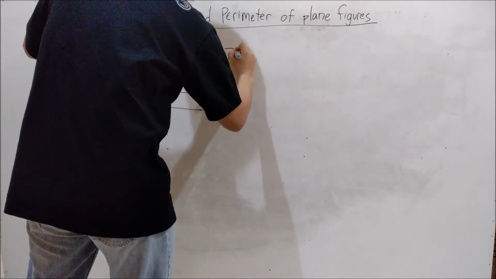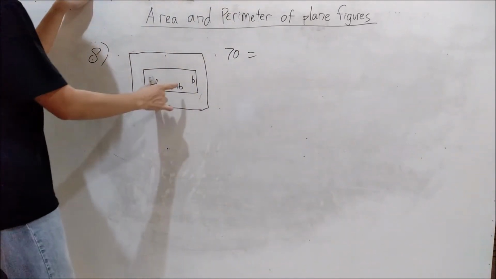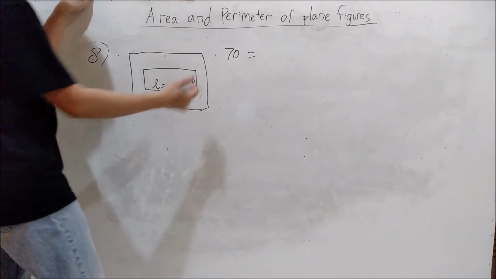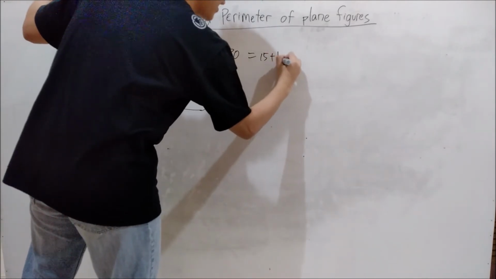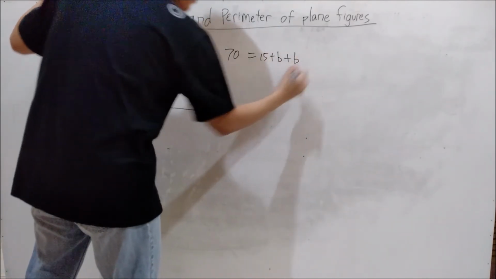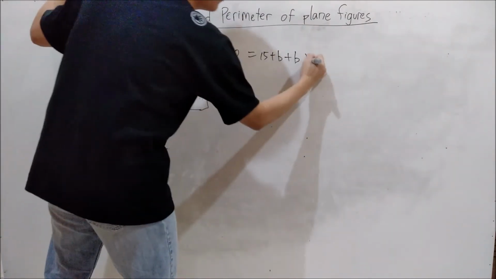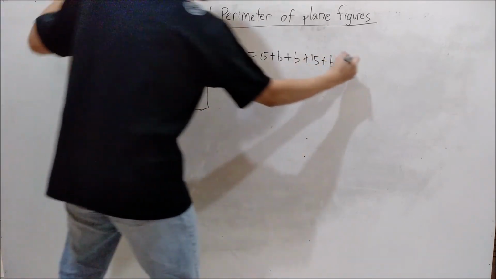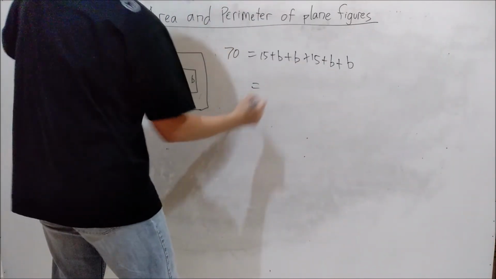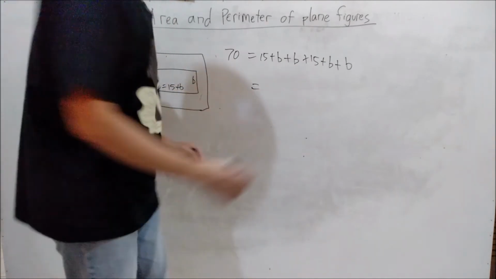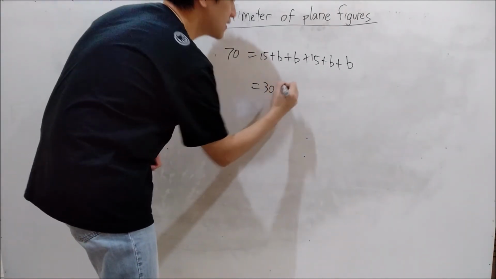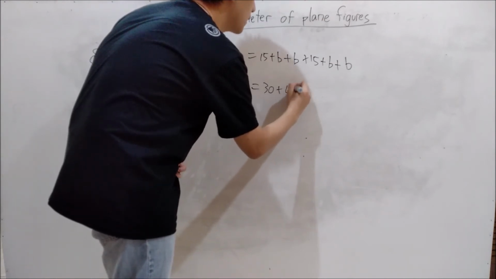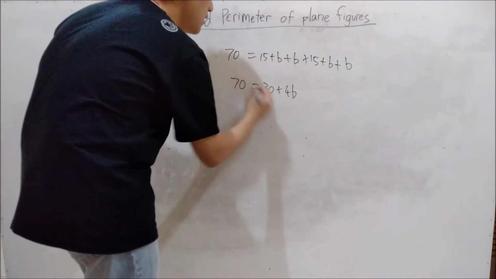meters. So 70 meters is length plus breadth plus length plus breadth, right? So we will have 15 plus breadth, this is the length, plus the breadth itself, plus the length again, which is 15 plus breadth, plus the final breadth. So we have 30 plus 4 breadth, or 4b, equal to 70.